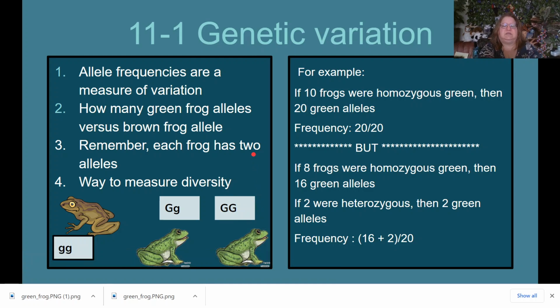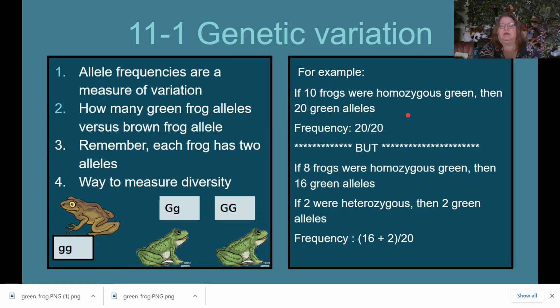Now, this gives us a way to measure the alleles in the population. So for instance, let's think about this. If there were 10 frogs that were homozygous green, then there are actually 20 green alleles.